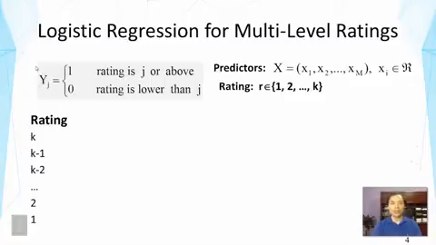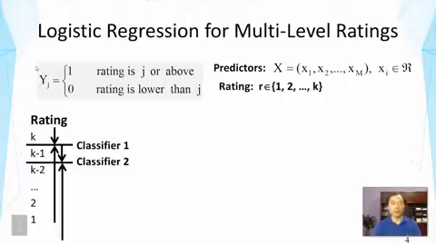So basically, if we want to predict a rating in the range of 1 through k, we first have one classifier to distinguish k versus others, and that's our classifier 1. And then we're going to have another classifier to distinguish k minus 1 from the rest. Right, that's classifier 2. And in the end, we need a classifier to distinguish 2 and 1.